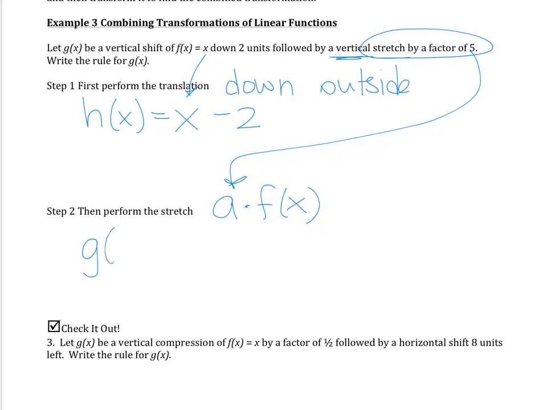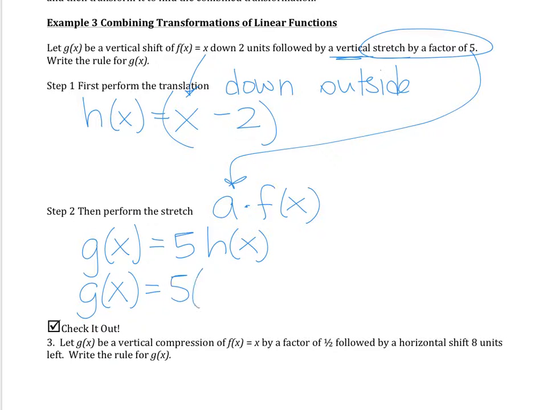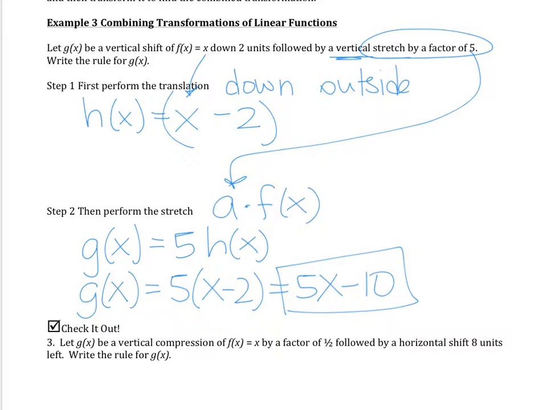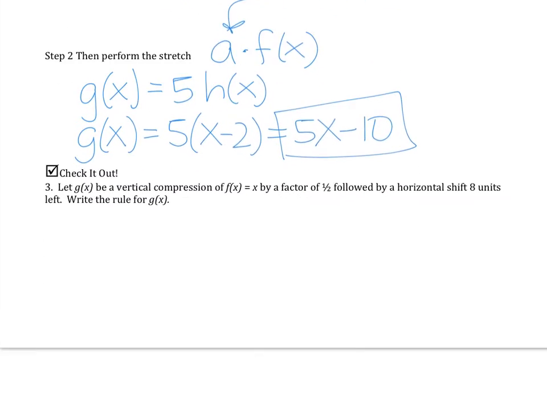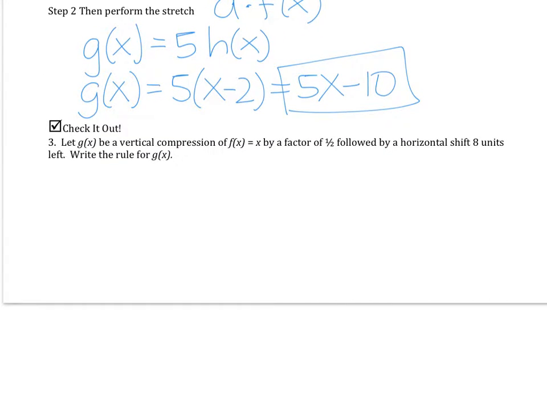So my new function is going to be g of x, 5 times my function. What is my function? X minus 2. So it's 5 times the whole function, which is 5x minus 10. You go ahead and try this one.